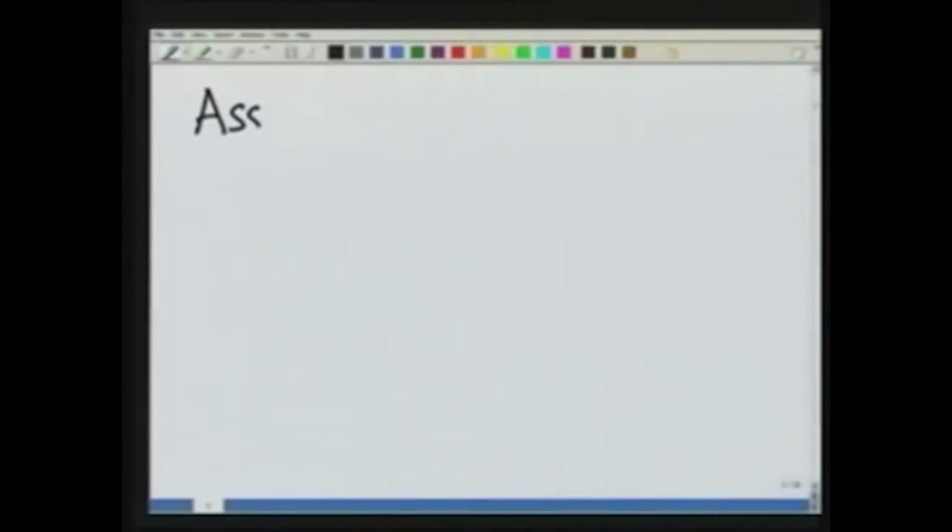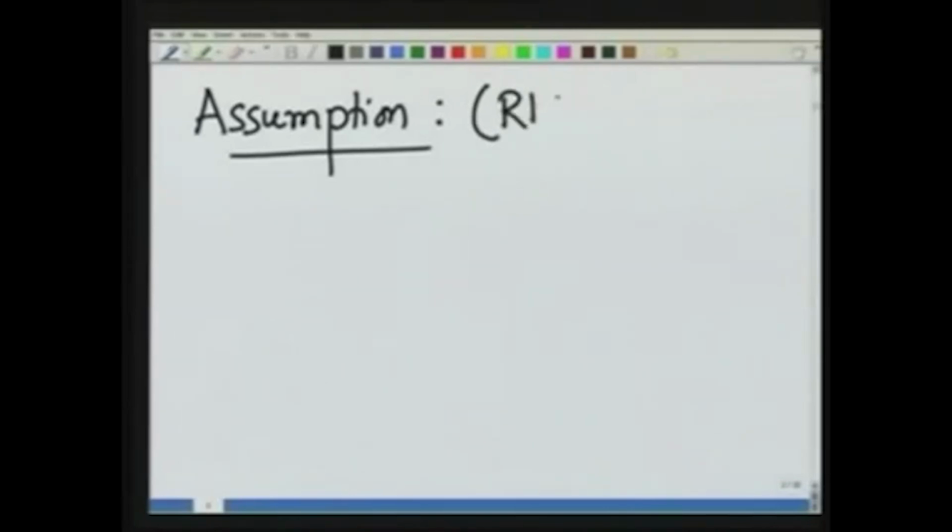To start with, let us again separate the deformation motion and the change in orientation motion. So, I am going to make an assumption and this assumption defines what are known as rigid bodies.